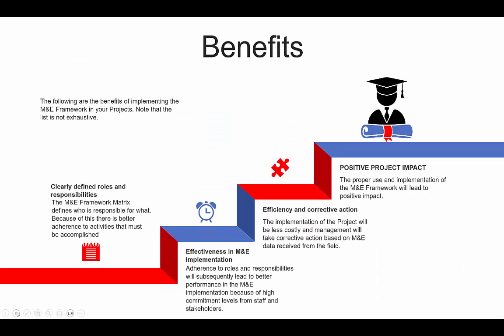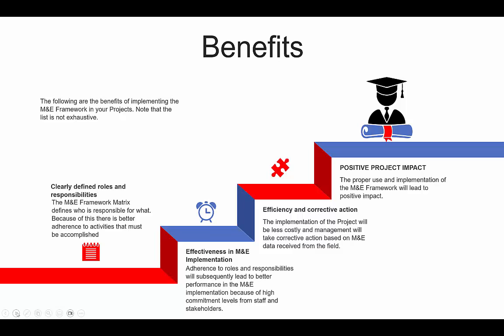straight to the benefits. So, number one, this is the most important benefit. This is the starting point, okay? That's why I call it the most important, because it's the starting point. Number one, the framework gives you clearly defined roles and responsibilities.